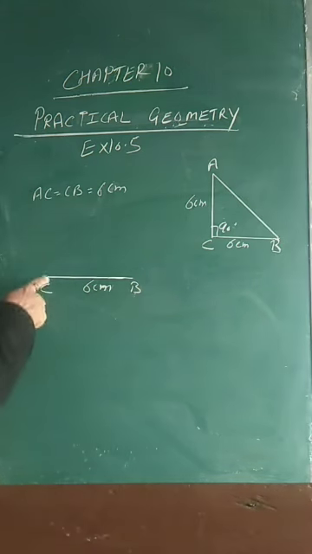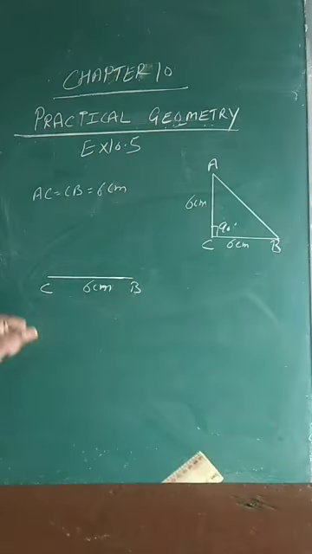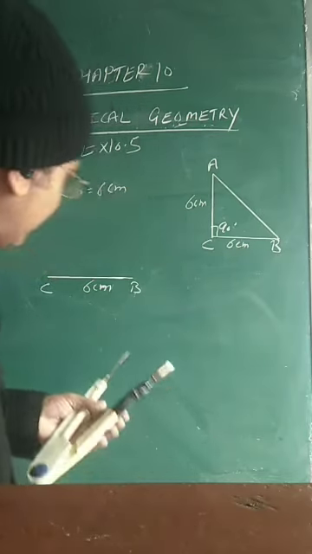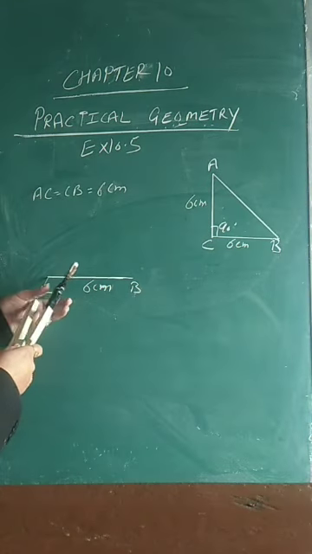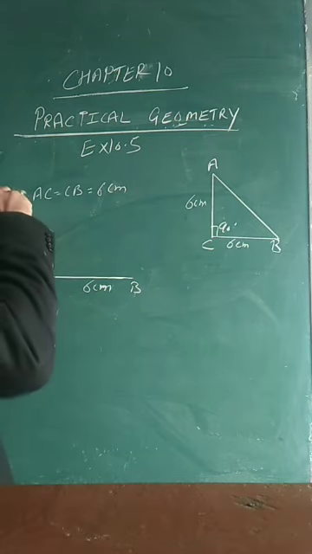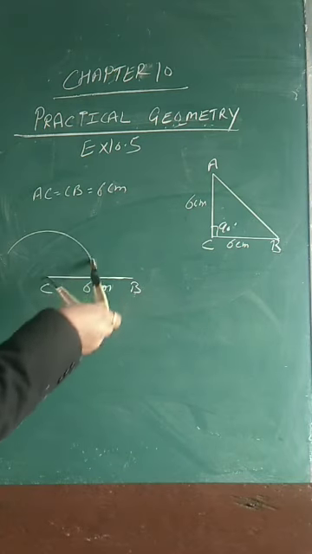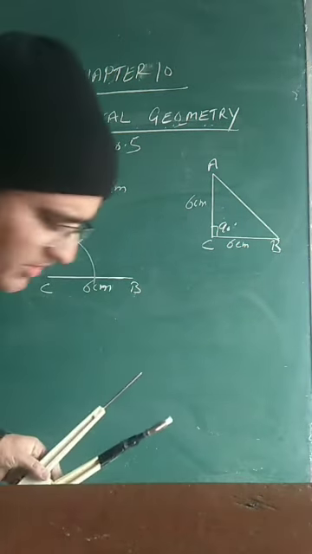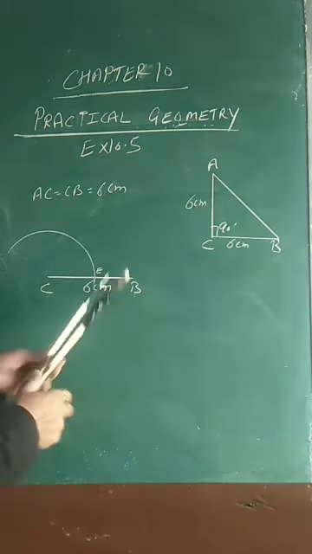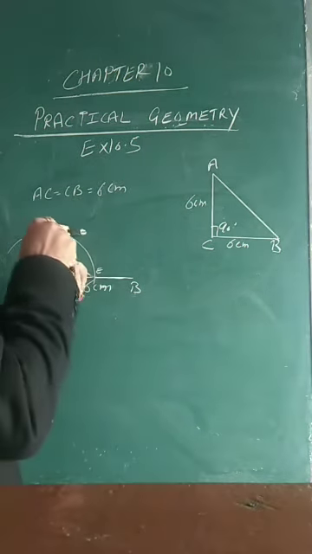Now the next step is we'll draw a right angle at point C. So the procedure is the same. Taking the compass, taking a radius of any length, cutting an arc intersecting CB at point E. Now taking E as a center, cut an arc with the same radius.